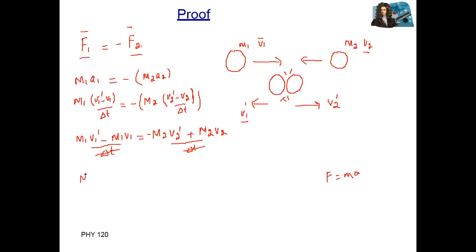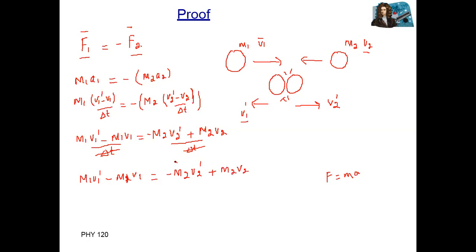We have m1 v1 prime minus m1 v1 equal to minus m2 v2 prime plus m2 v2.